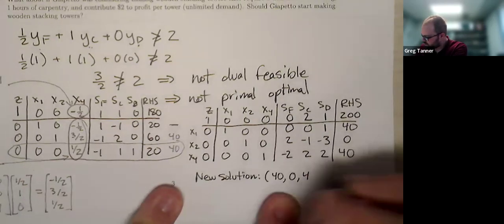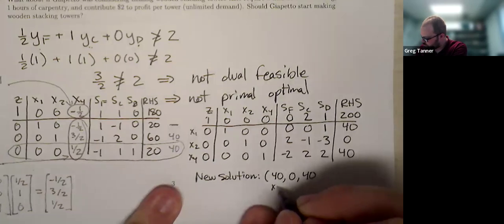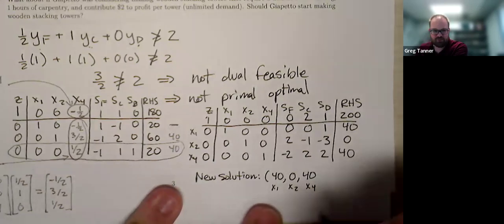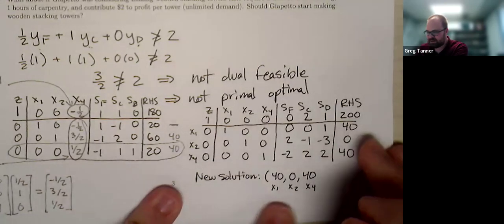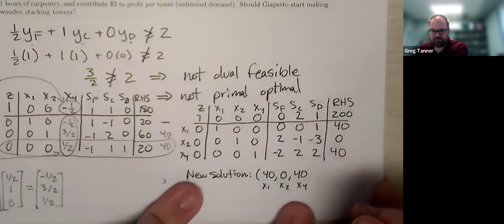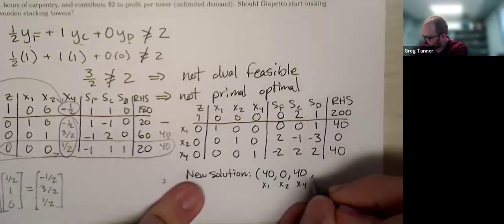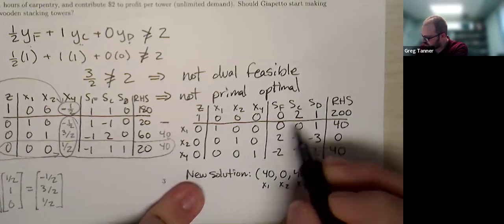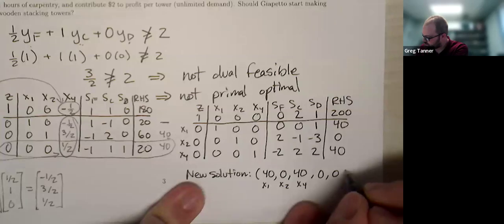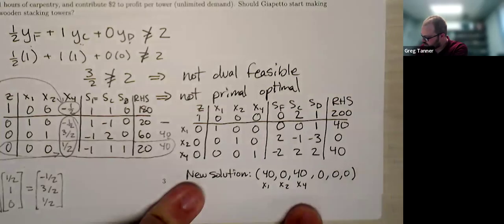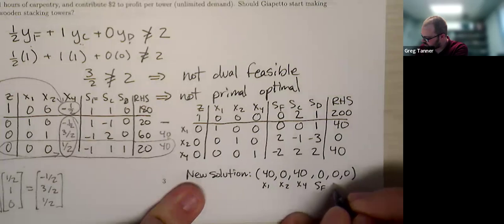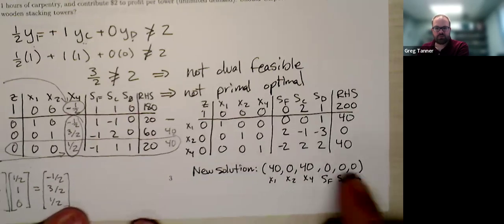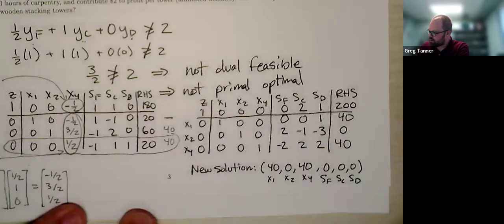X4 has a value of 40, so this is maybe x1, x2, x4, because remember we skipped over x3. We didn't even consider adding it to our basis because it wasn't profitable enough. And then each of our slack variables are 0 because they're all now non-basic variables. And so that's SF, SC, and SD. Okay. So that's your new solution.